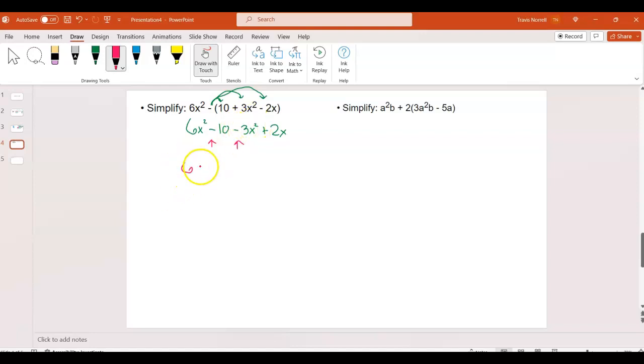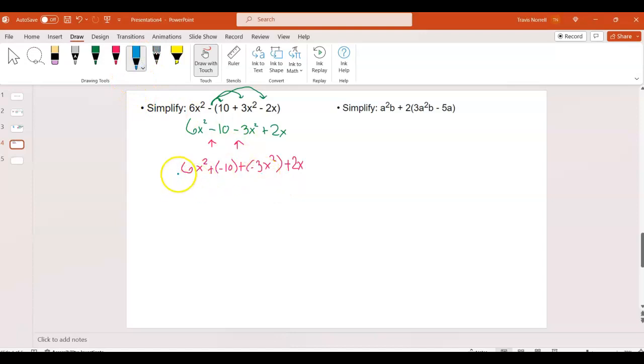So 6x squared plus negative 10 plus negative 3x squared plus 2x. Now I've got everything changed to addition, so I'll have less confusion.